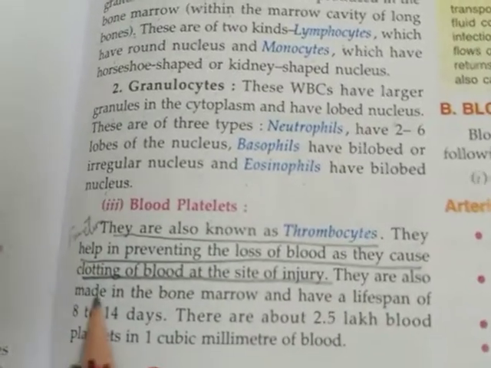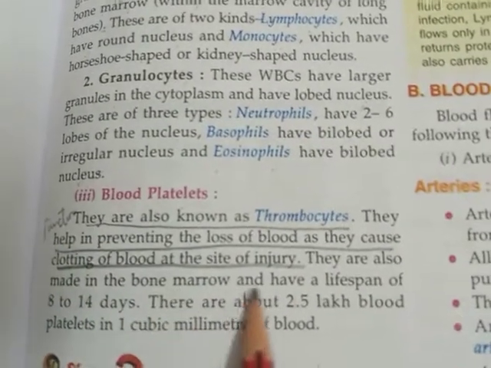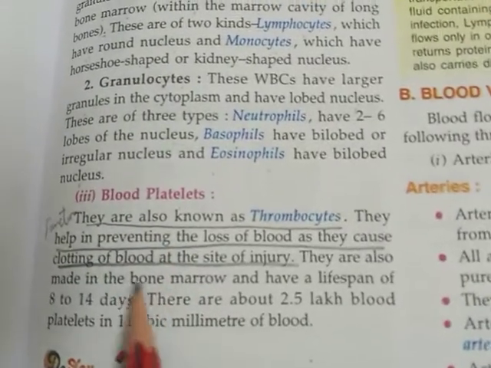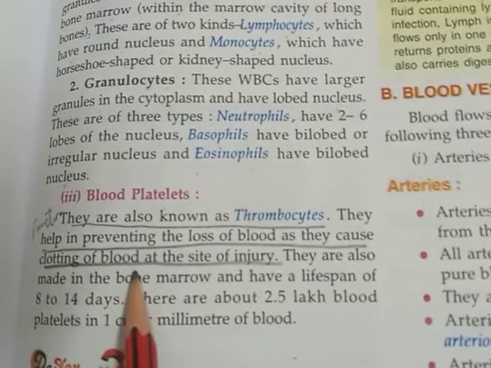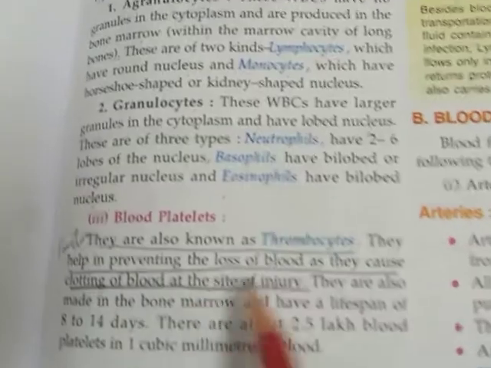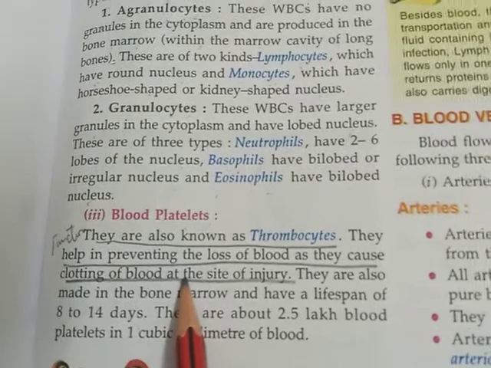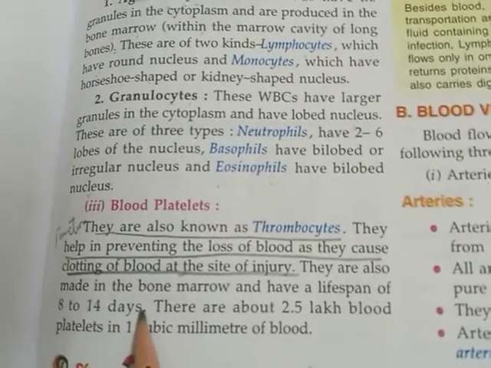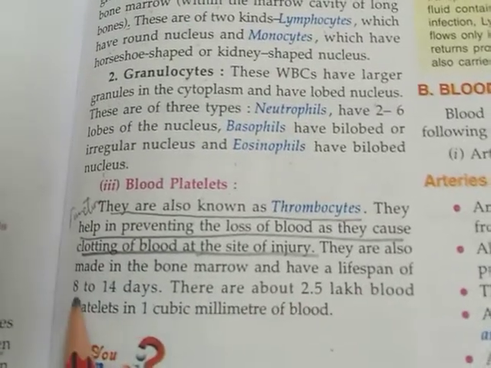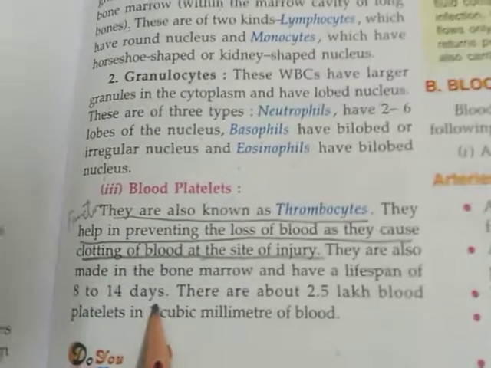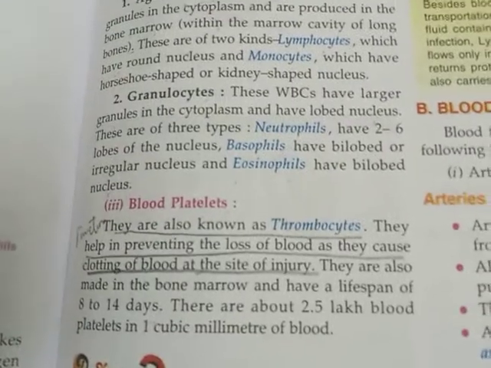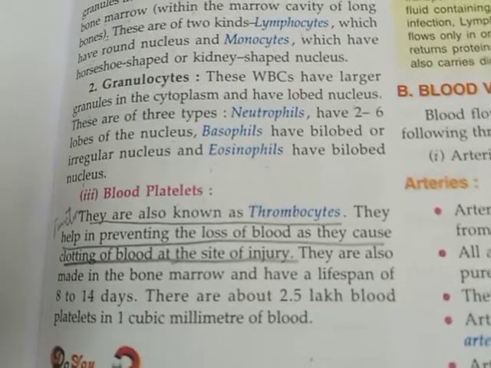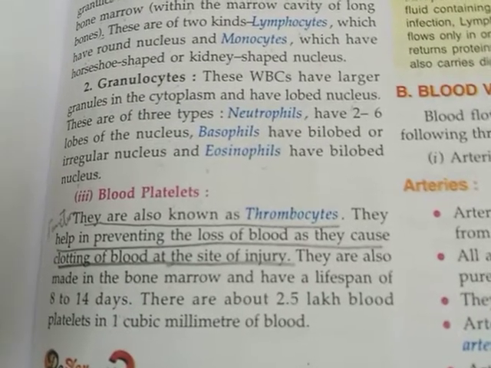They are also made in the bone marrow and have a lifespan of 8 to 14 days. RBCs are produced in the bone marrow, WBCs are also produced in the bone marrow, and these blood platelets are also produced in the bone marrow. You can see RBCs have a lifespan between 100 to 120 days. WBCs live from a few hours to many days.